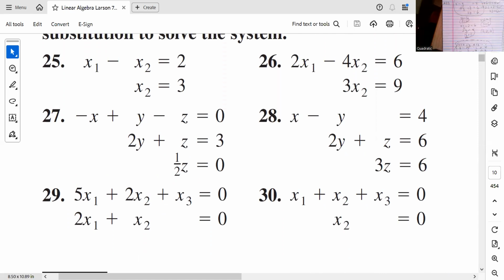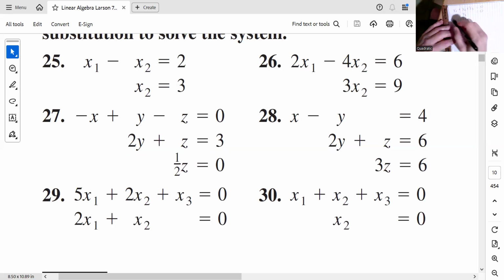I'm gonna write it now on paper. So number 30, x1 plus x2 plus x3 equals 0, and x2 equals 0.